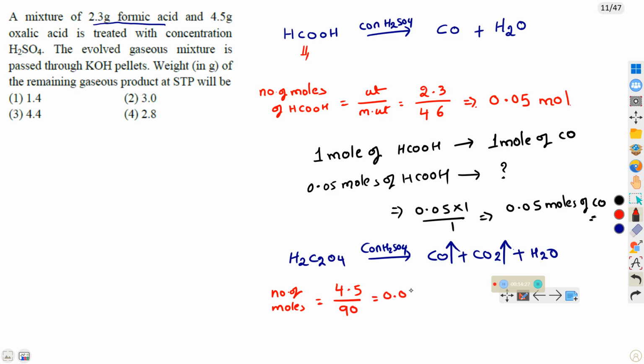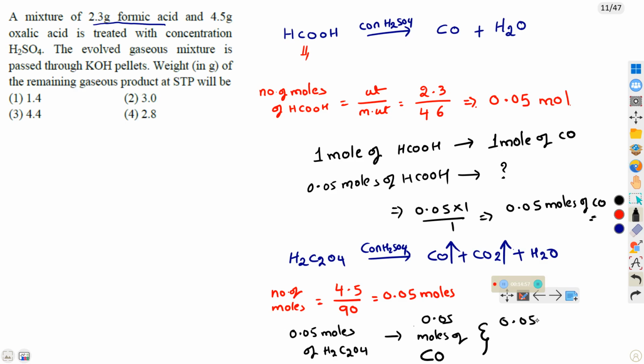Simplify, then you will get 0.05 moles. According to the above equation, 1 mole of oxalic acid produces 1 mole of CO and 1 mole of CO2. Based on that, 0.05 moles of oxalic acid gives 0.05 moles of CO and 0.05 moles of CO2.